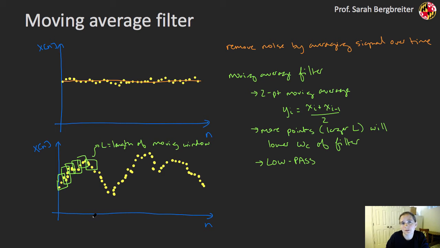You might be attenuating things by on the order of 20 dB or so, depending on the number of points that you have in your filter and the like. Some frequencies you can actually eliminate completely based on the length of your filter. But that gets into far more complex math, and the real key points that you want to keep in mind are that more points will lower the corner frequency. It's a low pass behavior.